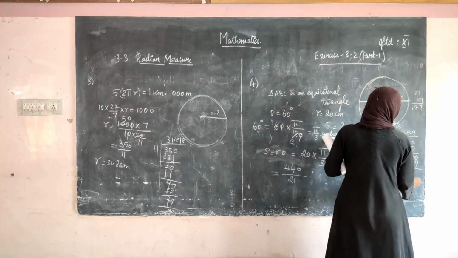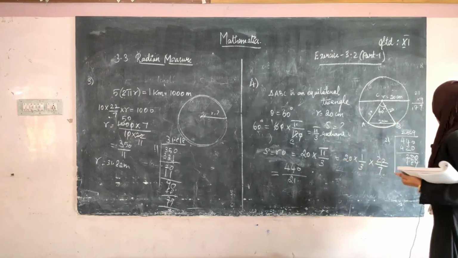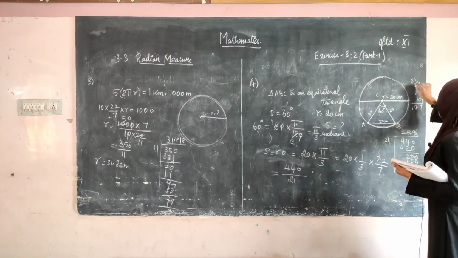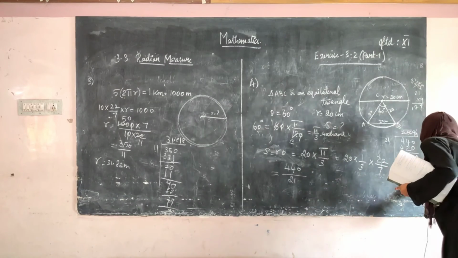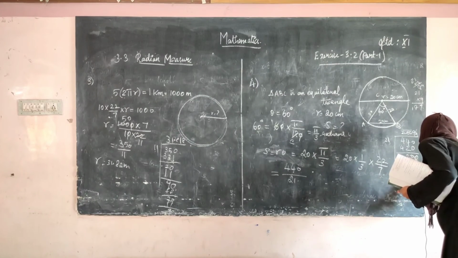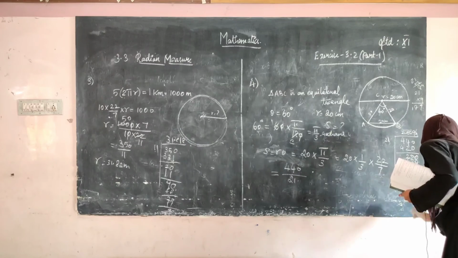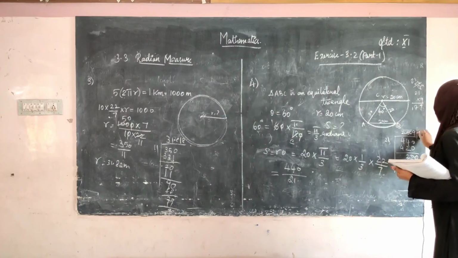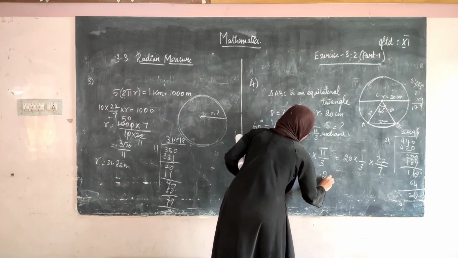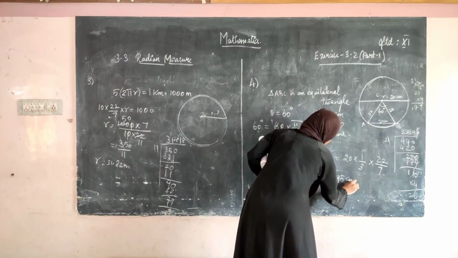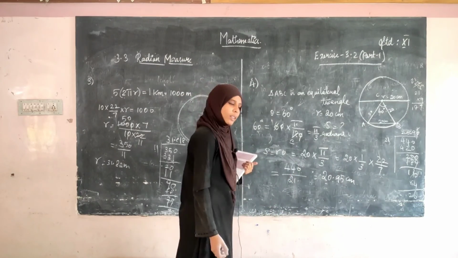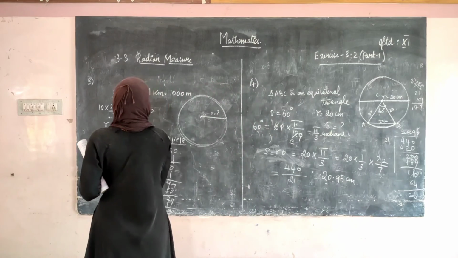So it is 11, again 10 here. Then 4 times, 21 into 4 is 84. So 10 becomes 0 and this is 26. So it gives approximately 20.95 centimeters. This is the arc length. You have to write the units. 20.95 centimeter. Okay, next, the fifth sum.